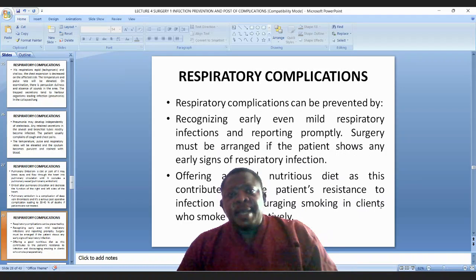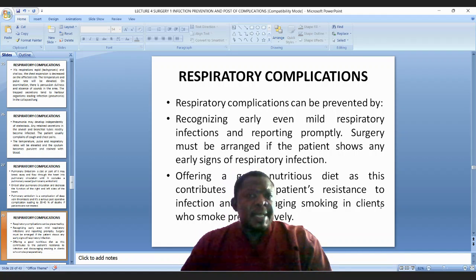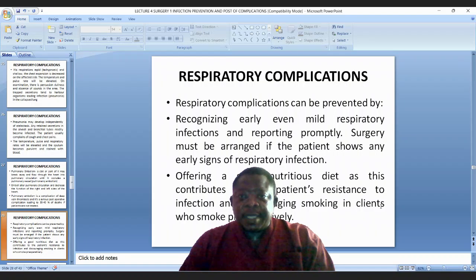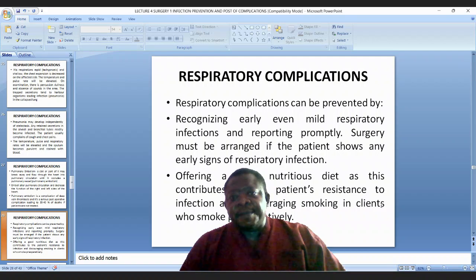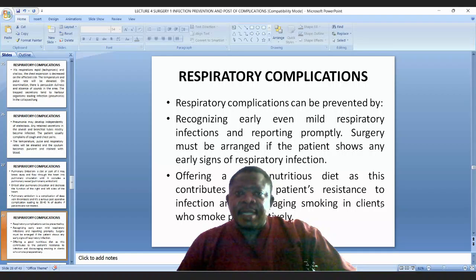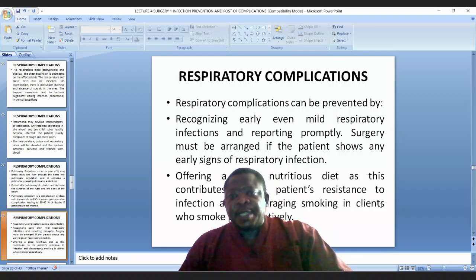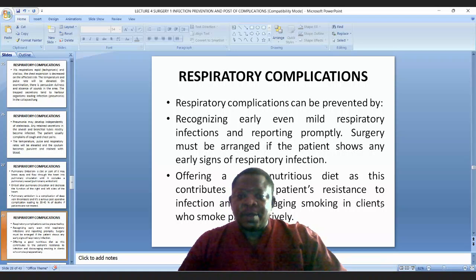Respiratory complications can be prevented by recognizing even mild respiratory infection early and reporting it promptly. Surgery must be rearranged if the patient shows early signs of respiratory infection. If you do surgery on a patient having a respiratory infection, the likelihood of respiratory complications becomes high.